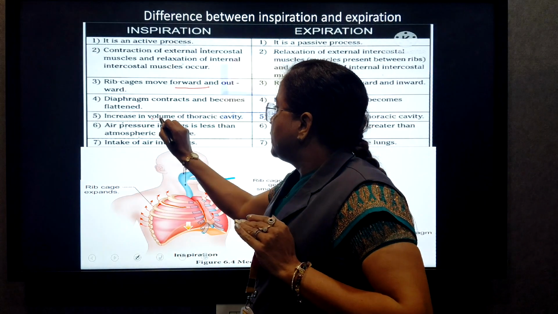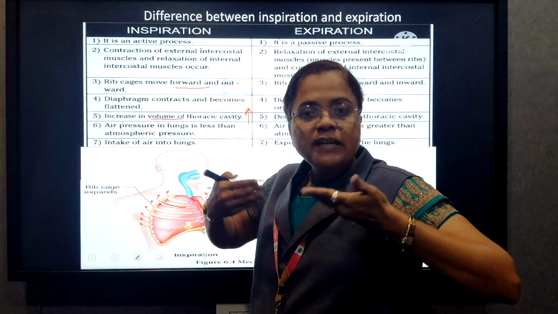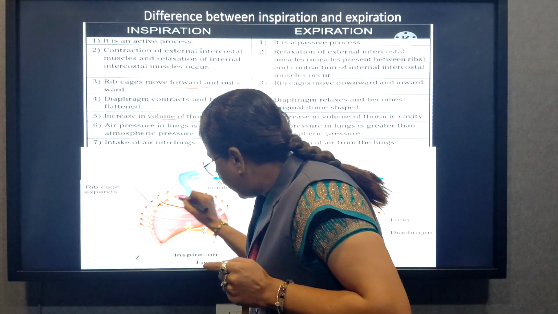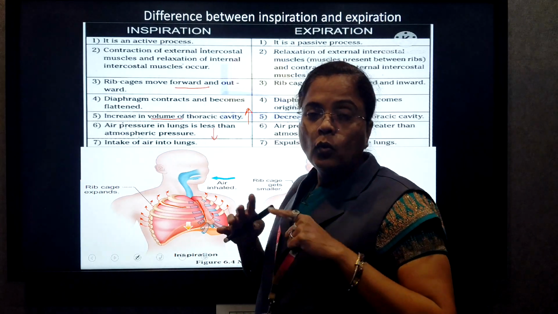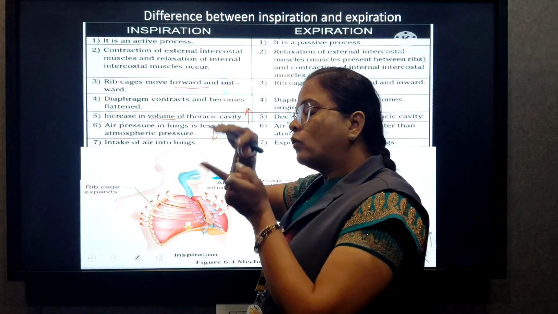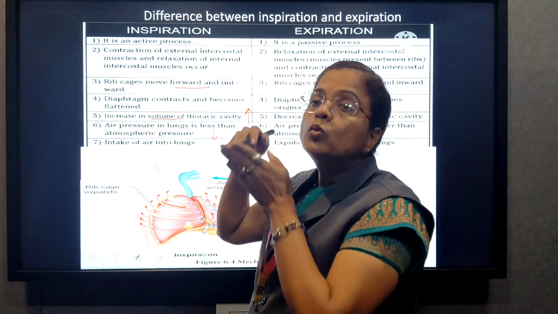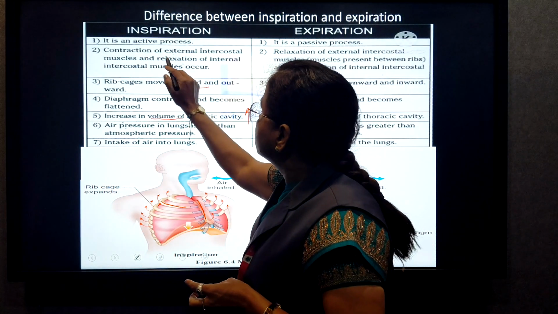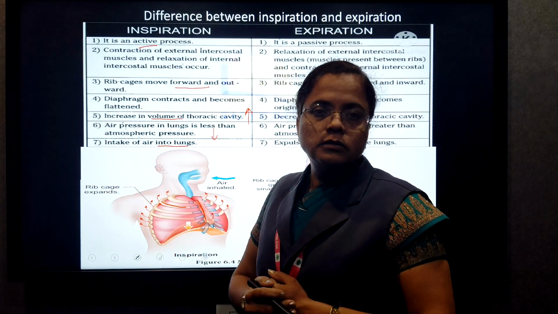Therefore, the volume of the thoracic cavity increases, but the air pressure decreases. So the volume increases, and the air pressure inside the lungs decreases. So from the outside atmosphere, air flows from high concentration to low concentration. So it is an active process and air comes into the lungs.